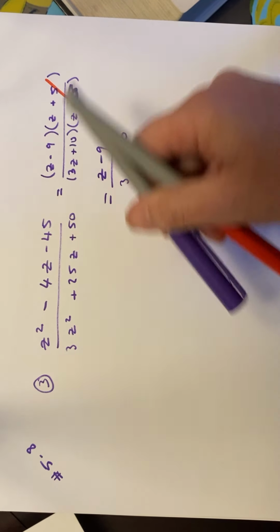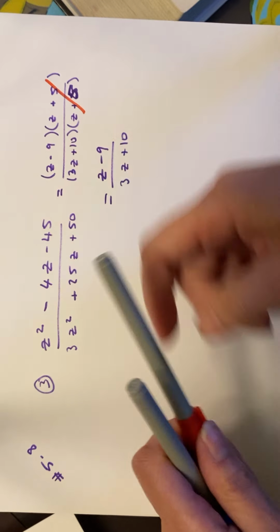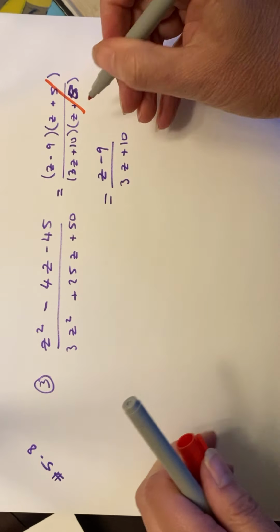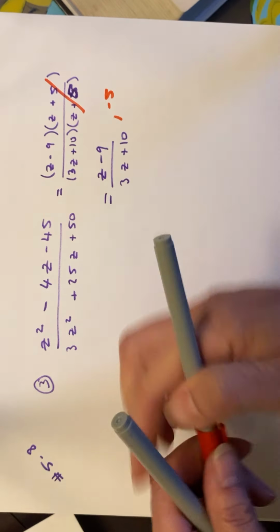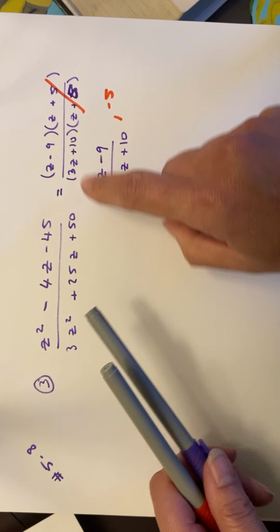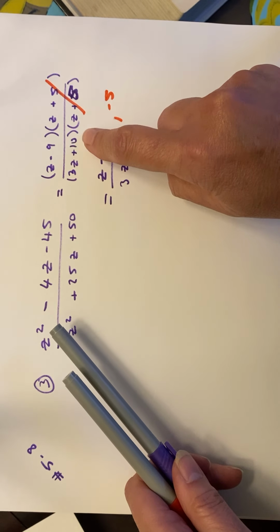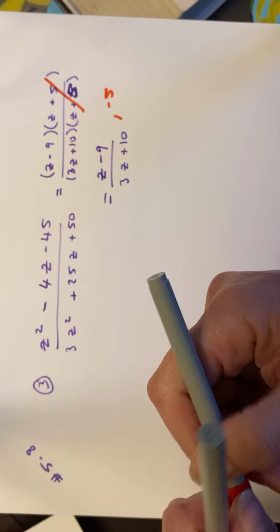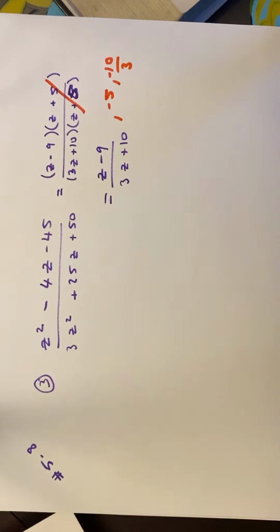And how do I find my excluded values? Well, I look at whatever values would make the denominator 0. I know that negative 5 is one excluded value, and for the other I need to set 3z plus 10 equal to 0, so 3z equals negative 10. So negative 10/3 is going to be my other excluded value.